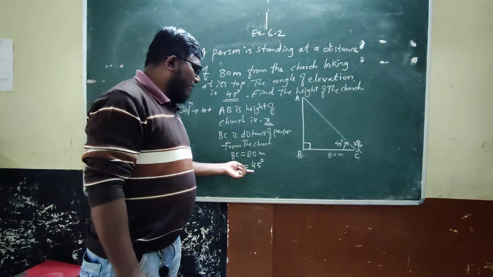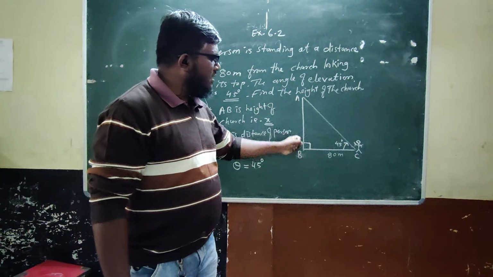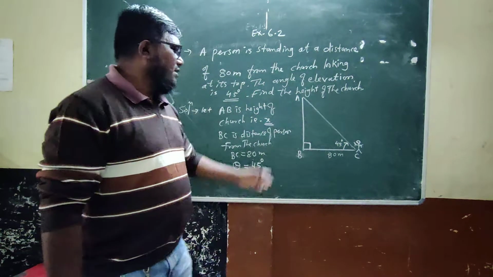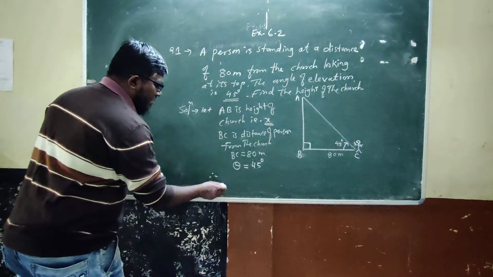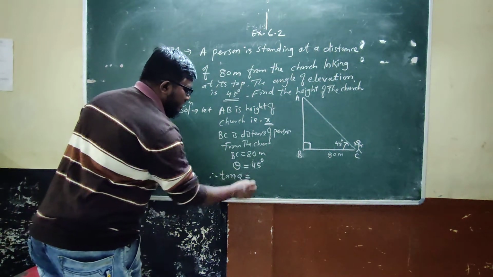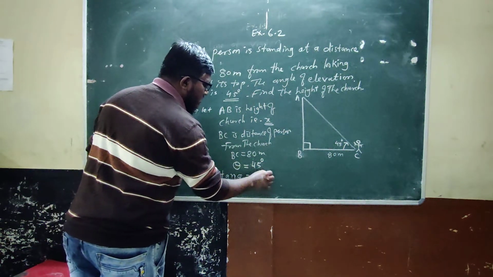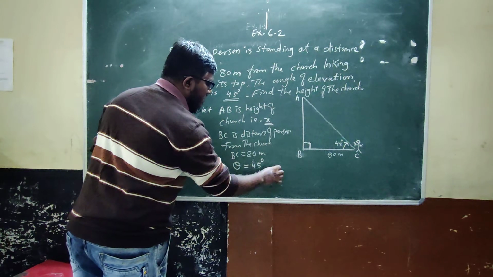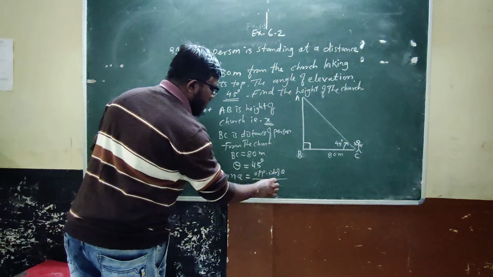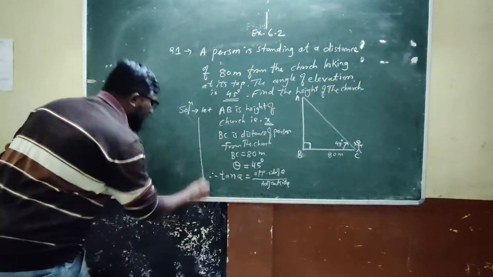Now for this angle of 45 degrees, we have to consider these two things: the opposite side of theta and the adjacent side of theta. This will come in the tan ratio. Tan theta is equal to opposite side of theta divided by adjacent side. Then I will solve here.